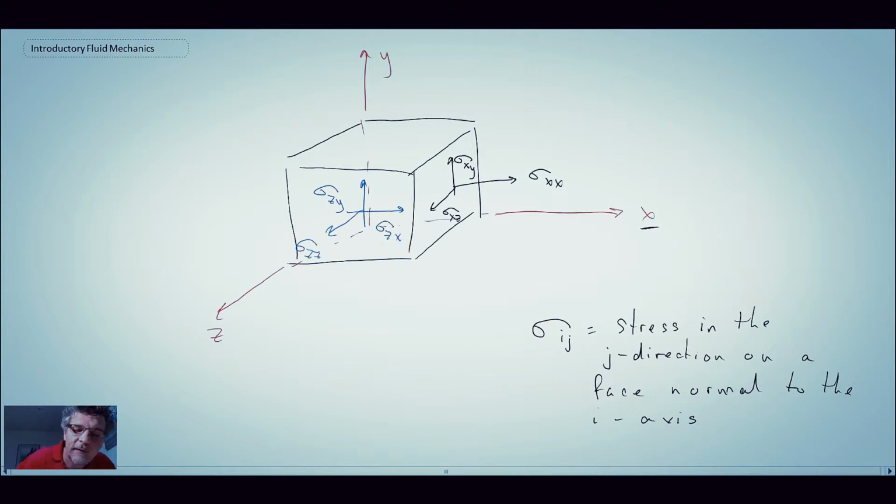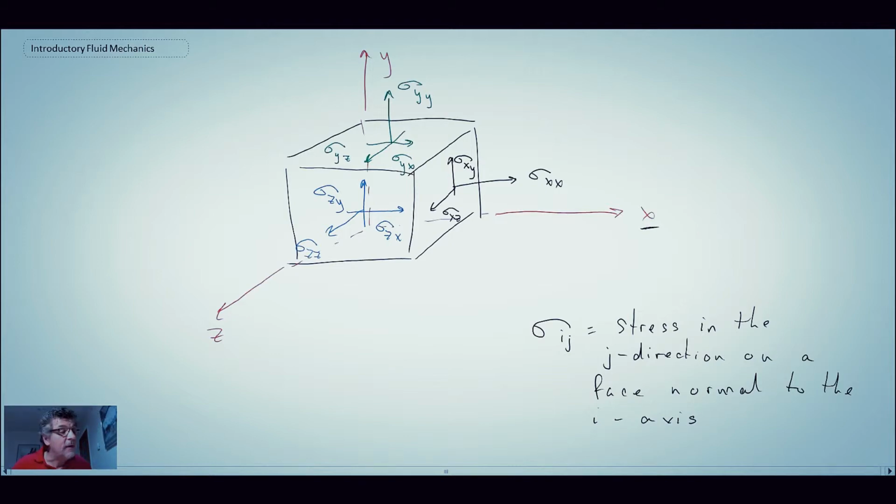And then finally on the top, that would be sigma yy, because it's on the face y in the y direction. And then we would have sigma yx on the y face in the x direction. So you're getting the hang of it. And then sigma yz on the y face, but in the z direction. So that's the convention that we use within fluid mechanics.